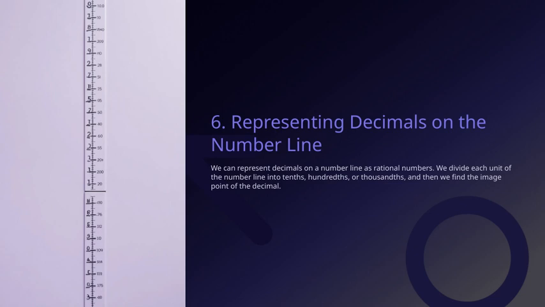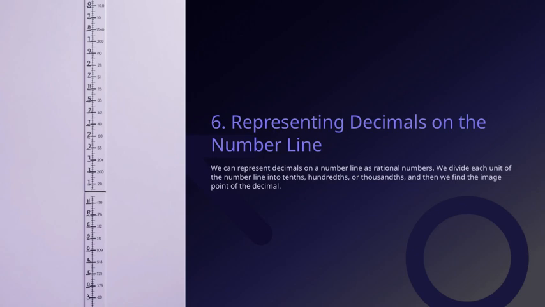The key idea is that for any decimal, we find its corresponding point, what we call the image point, on the number line by dividing the segment into the appropriate parts. This approach helps us see the size of the decimal and how it compares to other numbers, reinforcing that decimals are just another way of representing numbers geometrically. Connecting this to our overall theme, it shows how understanding decimals visually can make grasping their value much more intuitive and concrete.